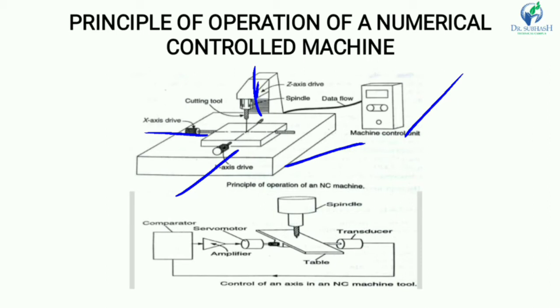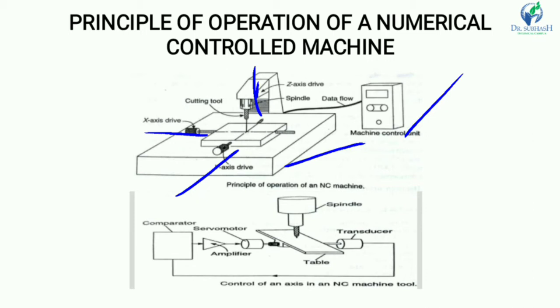A special feature of a CNC machine is that a separate motor, called a servo motor, individually drives each axis. AC servo motors are the preferred choice for this purpose, and DC servo motors were widely used earlier.